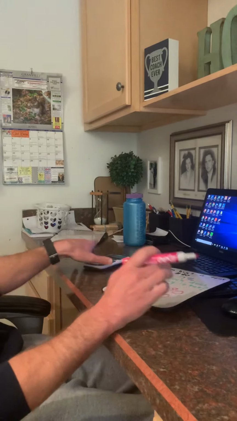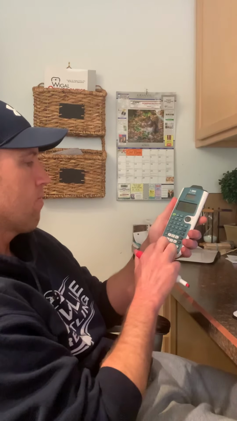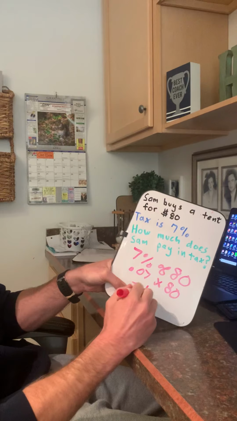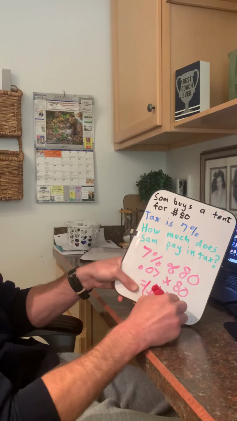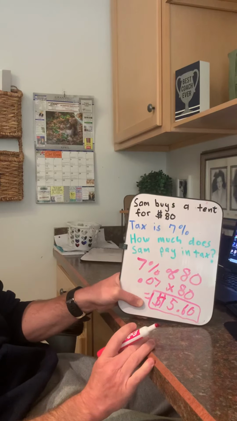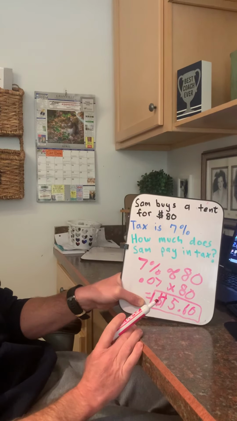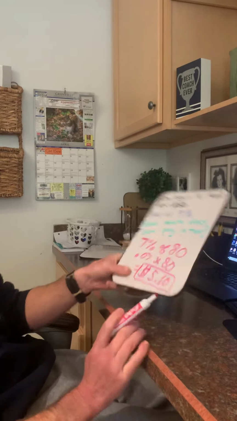Let me see what that is. 0.07 times 80 is 5.6, which would be $5.60. So 7% of 80 is 0.07 times 80, which is $5.60. That's how much Sam would pay in tax.